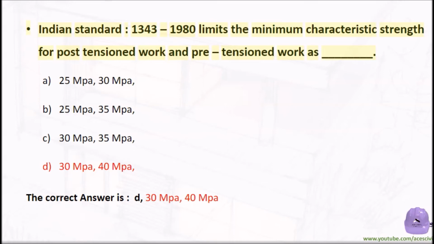Indian Standard 1343:1980 limits the minimum characteristic strength for post-tensioned work and pre-tensioned work as: A. 25 MPa, 30 MPa, B. 25 MPa, 35 MPa, C. 30 MPa, 35 MPa, D. 30 MPa, 40 MPa. The correct answer is D. 30 MPa, 40 MPa.